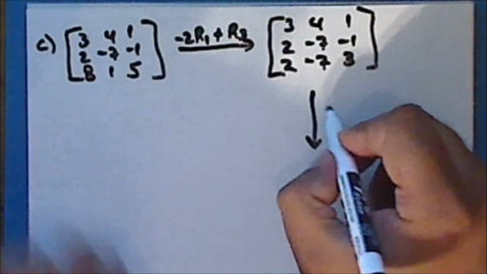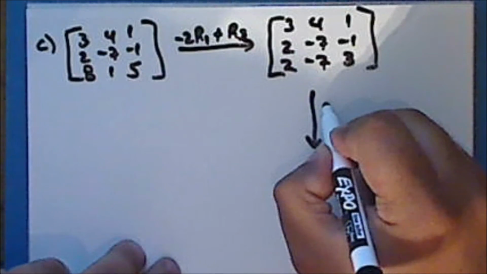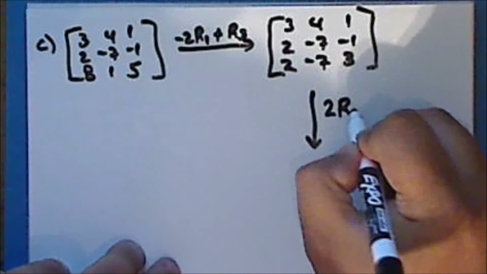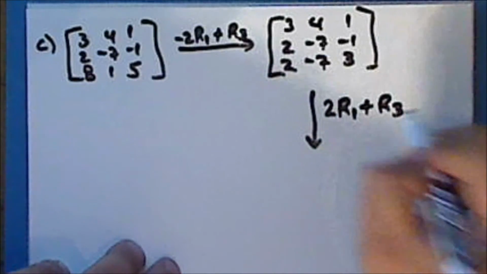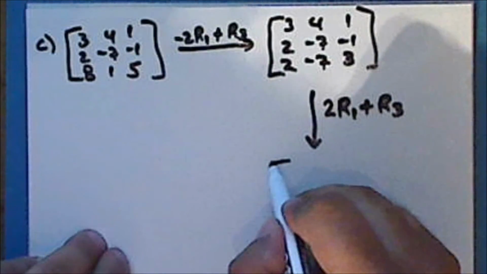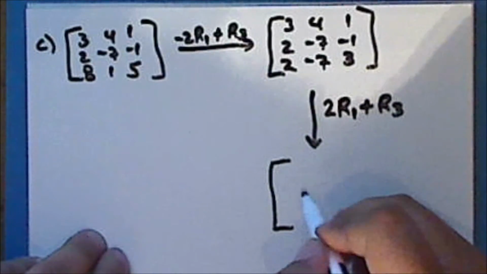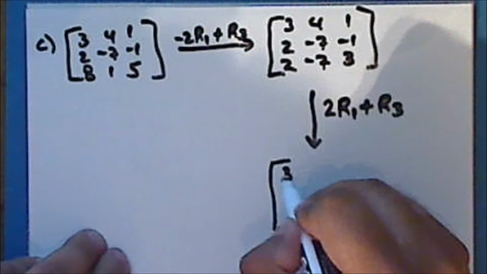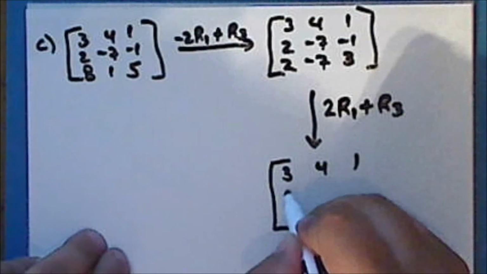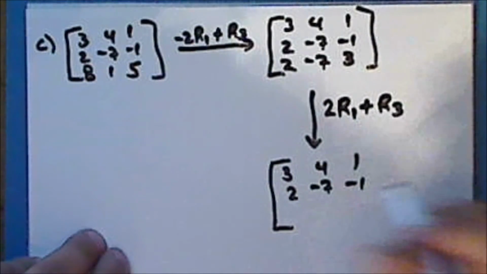And now we will apply the elementary row operation 2 times row 1 and add that to row 3. So once again, rows 1 and 2 do not change, and so we have 3, 4, 1, 2, -7, -1.